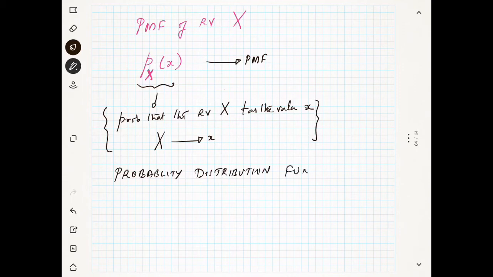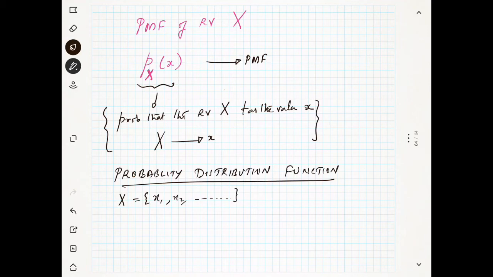So what do you mean by the probability distribution function? That's what we are going to explain. You have a random variable x which takes the values x1, x2, etc., or in general xk.